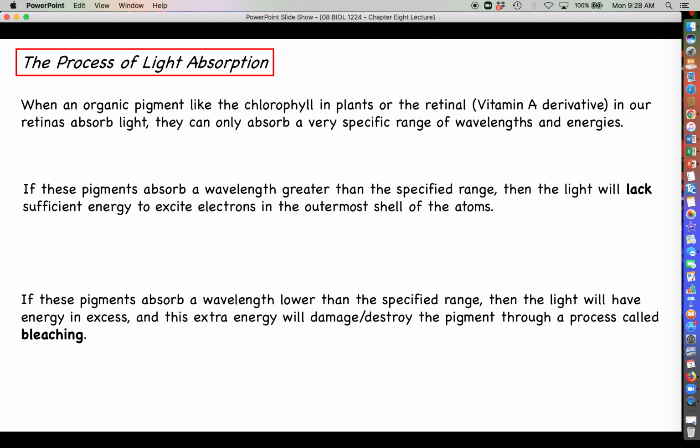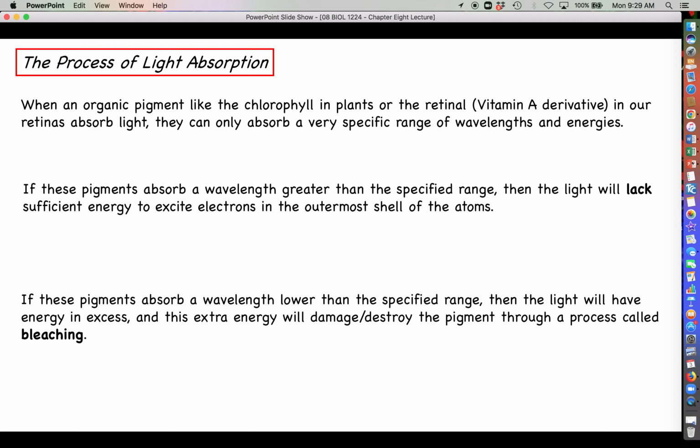If these pigments absorb a wavelength that is lower than the specified range, then that light obviously has enough energy, but the problem is that there is too much energy, so that extra energy is actually going to damage or destroy the pigment through a process that is called photo-bleaching. This is actually something that you may have experienced before if you accidentally look at the sun for too long or for any time at all.